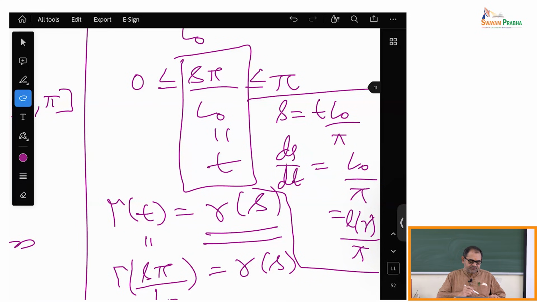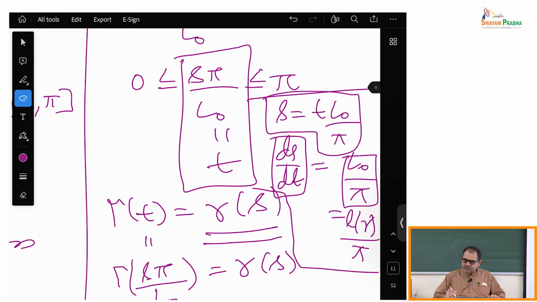And therefore this L gamma can be written as pi ds by dt. That is also something that you can make use of.